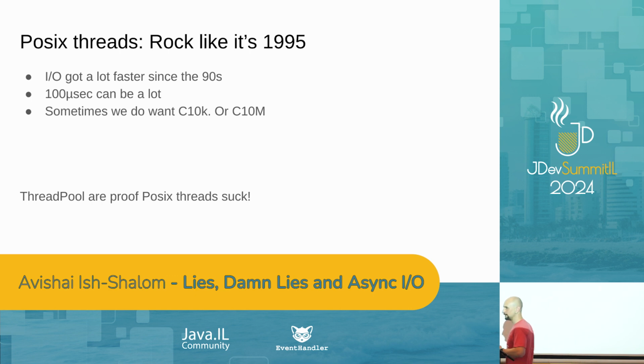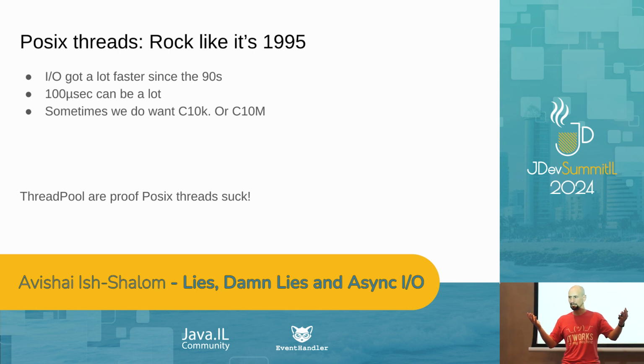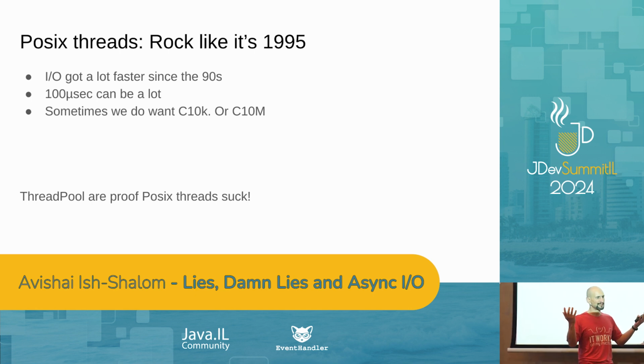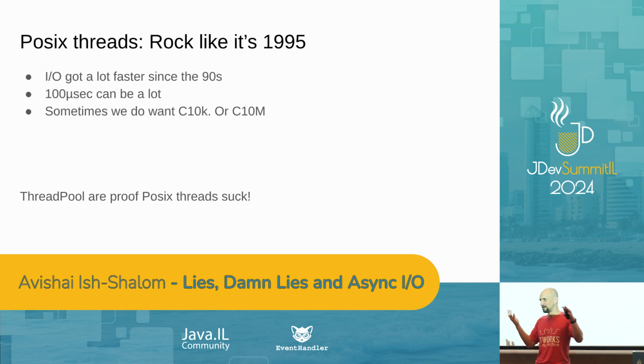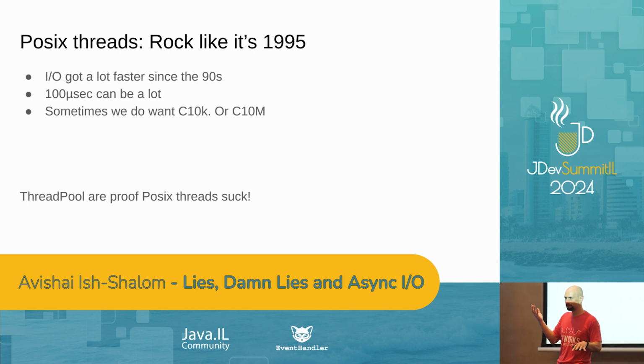Back in the day, if you used magnetic disks, the seek time of a magnetic disk is about 10 milliseconds. A context switch of 5 microseconds, or even 10 microseconds, compared to a 10 millisecond disk seek, not a lot, right? What happens if you have SSD or NVMe? I/O time drops to about 50 microseconds or less.